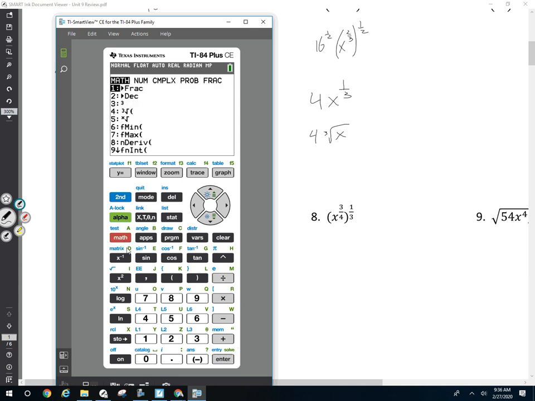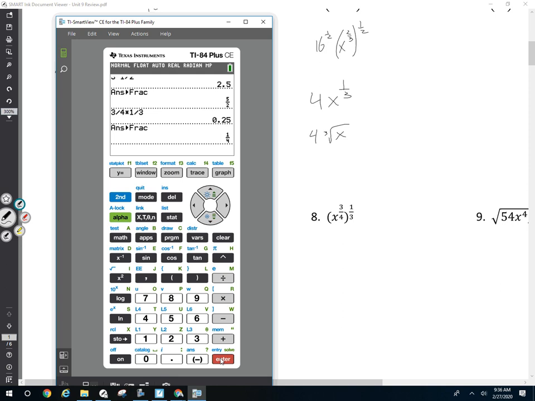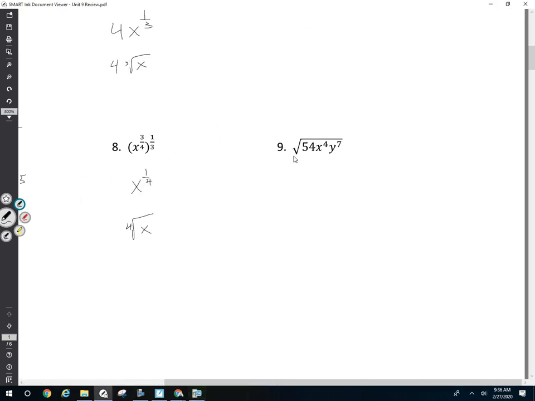You can math enter out of that. We don't like decimals. We prefer fraction powers. So this is x to the 1/4, or the 4th root of x. It's not 4 times the root, it's 4th root of.